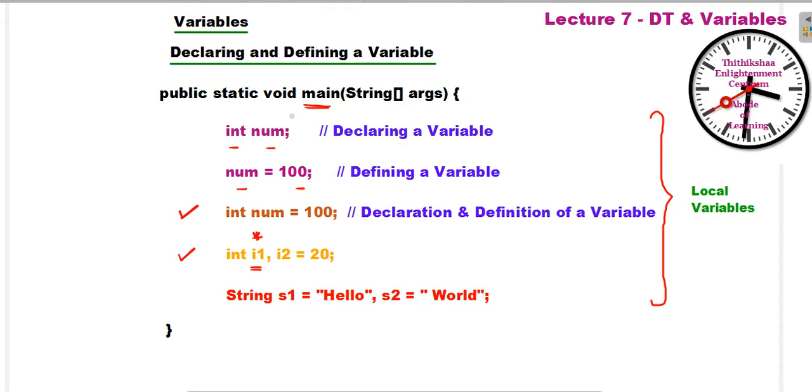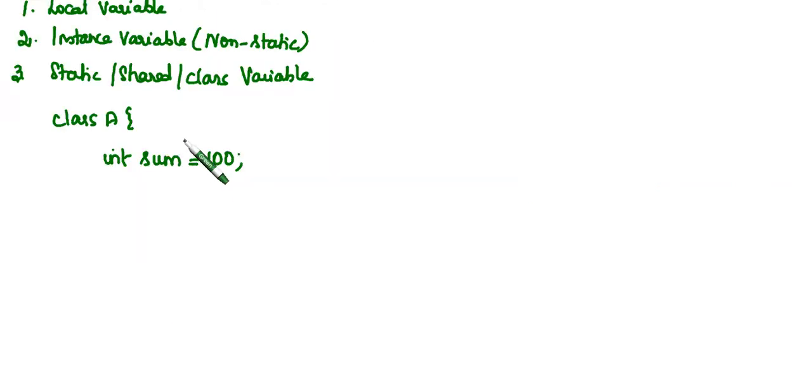So if you declare and define any variable within any method, that is said to be a local variable. I'll tell you. Say for example I am having one main method, that is public static void main, and here I have int sum is equal to 100. Okay, let us take 200.